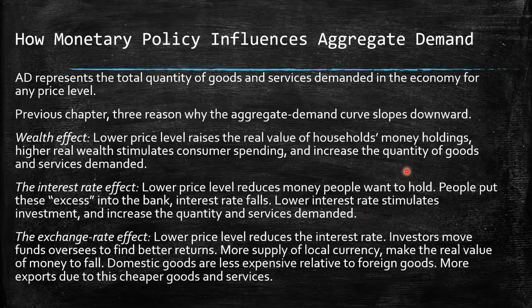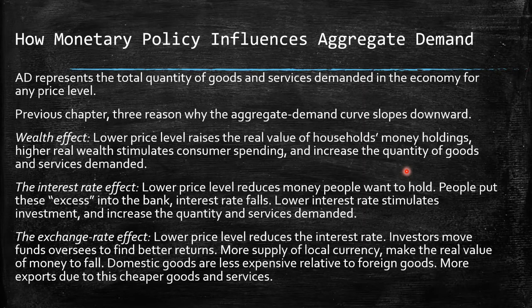The third one should be the exchange rate effect. When we face a lower price level and then a reduced interest rate, investors move funds overseas to find better returns. So we have a lot of capital going outside the country. Then there is more supply of local currency, which makes the real value of money fall.